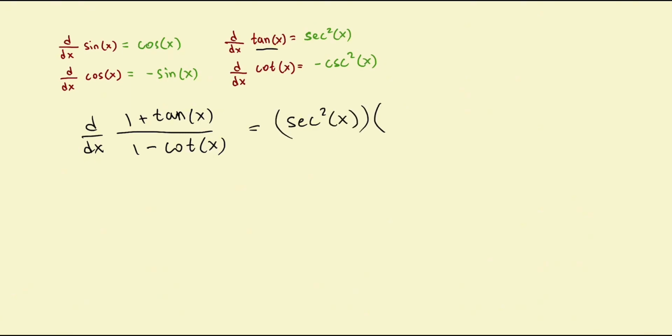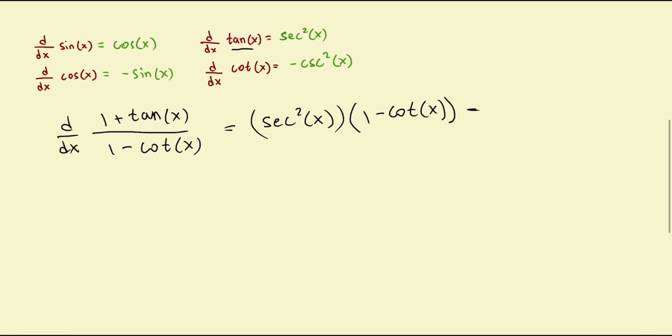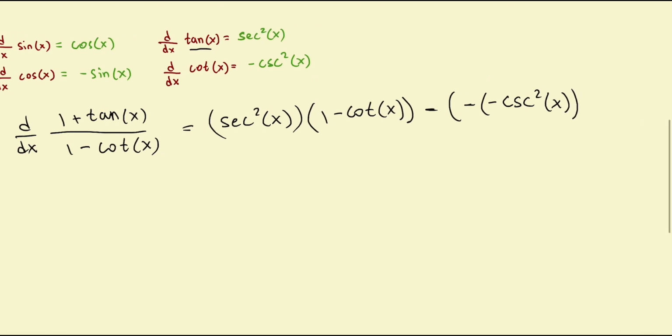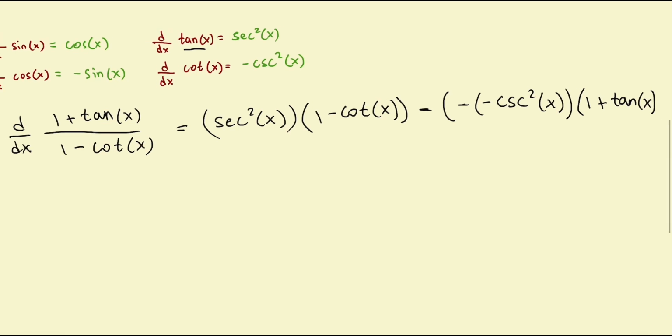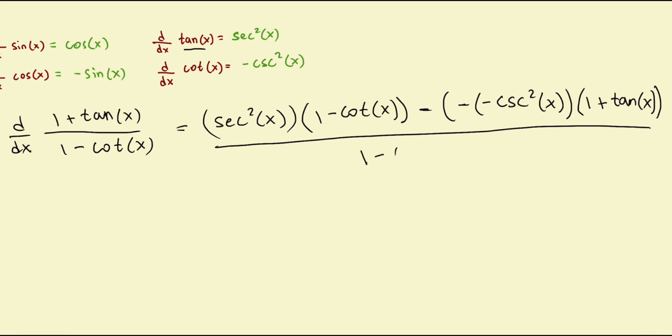We'll multiply this by the denominator, minus derivative of the denominator, which is going to be 0 minus derivative of cotangent is negative cosecant squared x, times the numerator, 1 plus tangent x, over, using the quotient rule, the denominator squared.